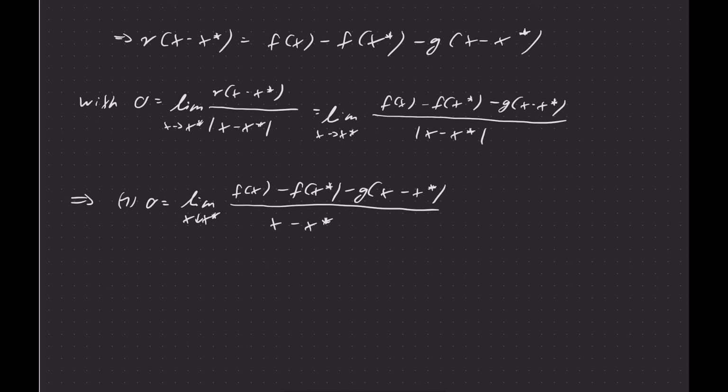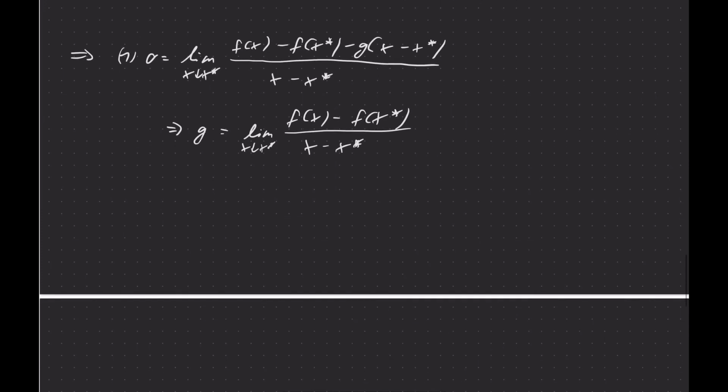Okay, so what we get in this case is g equals the limit of x goes down to x star of f of x minus f of x star over x minus x star. Right, and that is precisely the definition of a one-sided derivative in one dimension.